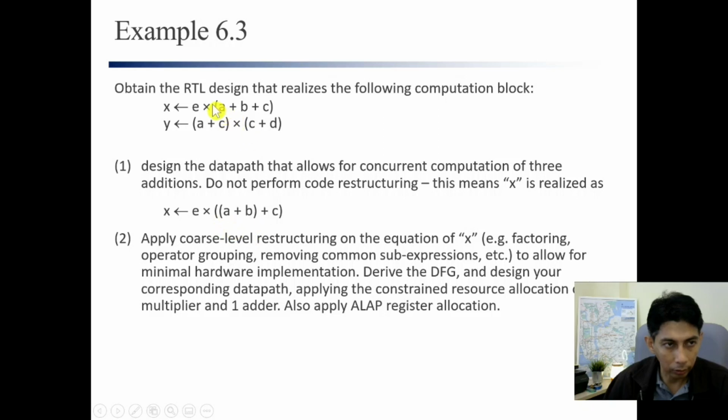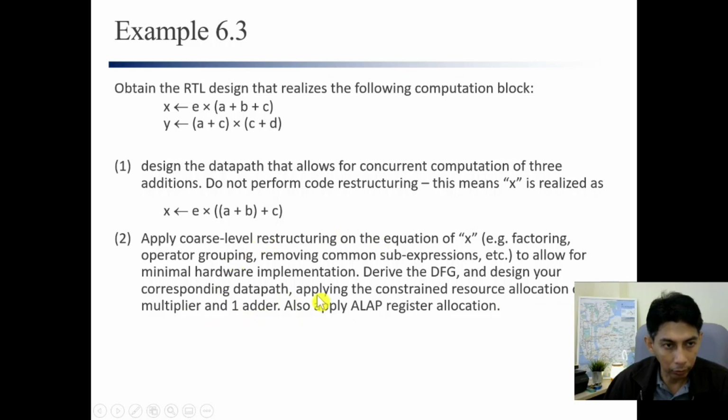So this x, later on we will try to rearrange this equation so that we can minimize the hardware usage. And also the design is constrained to only one multiplier and one adder, right?